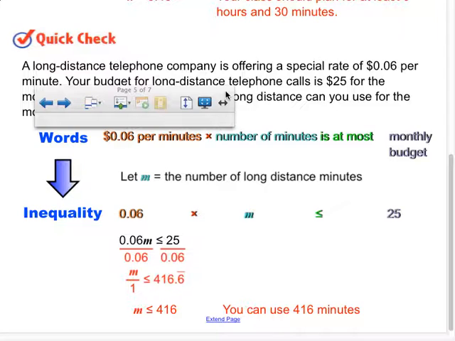So 416 minutes is the most you can talk without going over your budget. Got it? If we round this to 417, it'd be just a little bit more than $25. So that's why we didn't round that up.